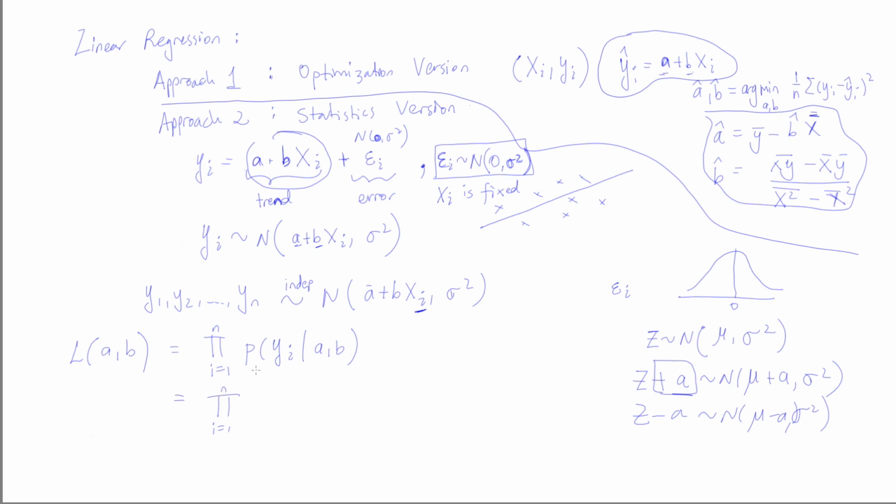Okay, let's just be really careful here. Remember what the density of the normal distribution is, and let's just plug it in. It's 2 pi sigma squared to the power of -1/2, times the exponent of -1/(2 sigma squared) times yi minus the mean, a minus b xi, squared. Okay?